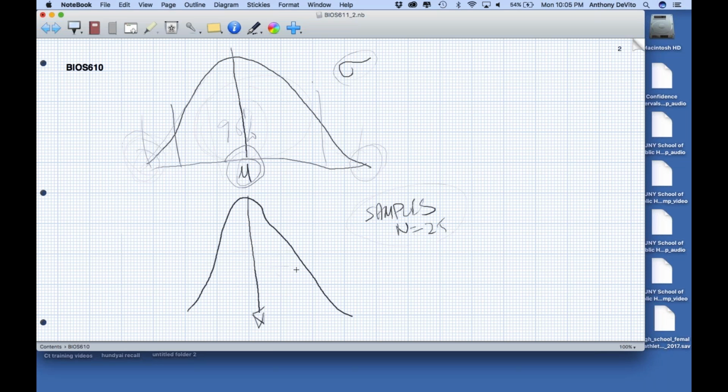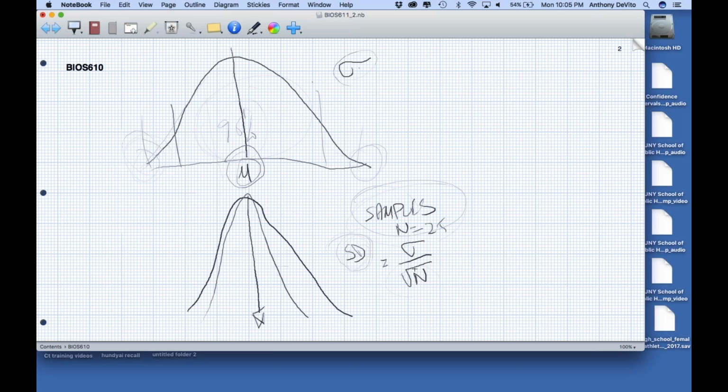But for the sample distribution, the standard deviation of all the samples is going to be much narrower. And the relationship is going to be that the standard deviation for all the repeated samples is equal to sigma, the population standard deviation, divided by the square root of the sample size. The bigger the sample size is, the smaller the standard deviation, and the narrower is our sample distribution.